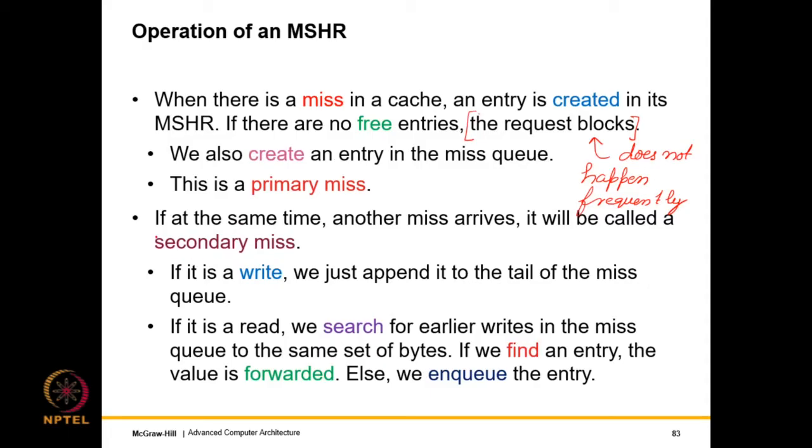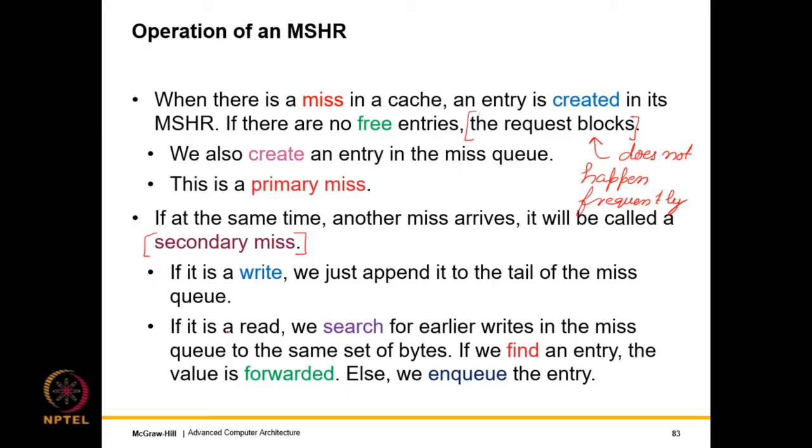These misses will be known as secondary misses. If a secondary miss is a write, we just append it to the tail of the miss queue. So basically, if we assume it's a queue, we just add a new entry to the tail and the write just remains there.